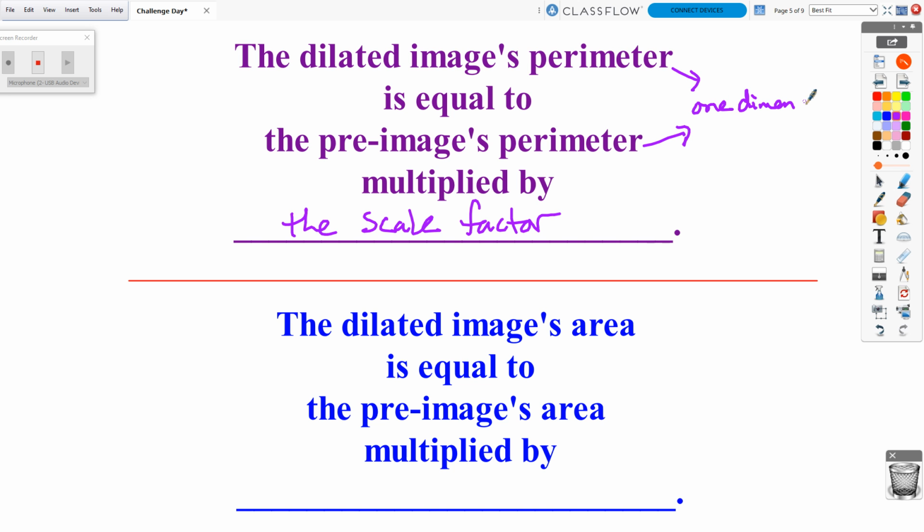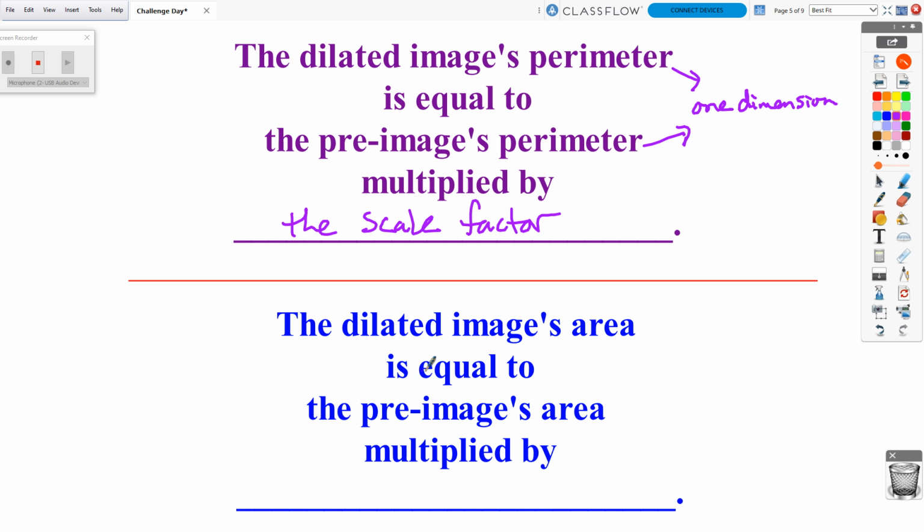And you might go, no, perimeter is all the way around a figure, and a figure is two-dimensional. Yeah, but perimeter is length, and we just happen to bend that length to go into different directions. But perimeter is truly a one-dimensional thing. It's just length. So that's why we just multiply it by the scale factor.